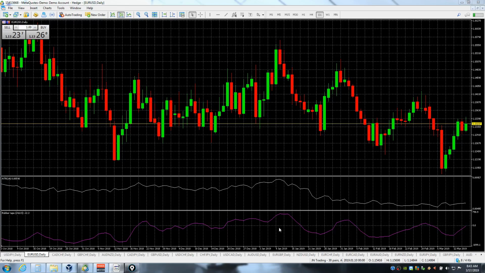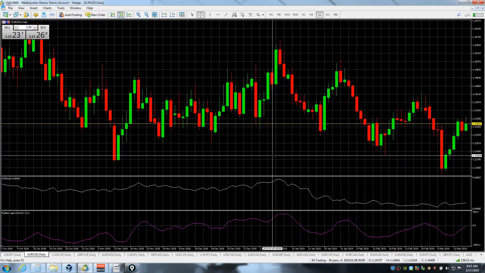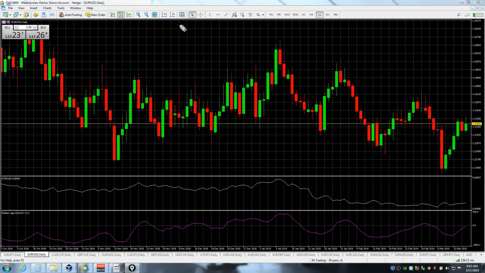The final pre-note I have is that when I'm doing this, you're going to notice I go between this regular cursor and a crosshair. There's a couple ways to do this in MetaTrader 5. Up at the top here, let me circle it for you. You'll see a couple of buttons here that represent the regular cursor, this one, and then the crosshairs.